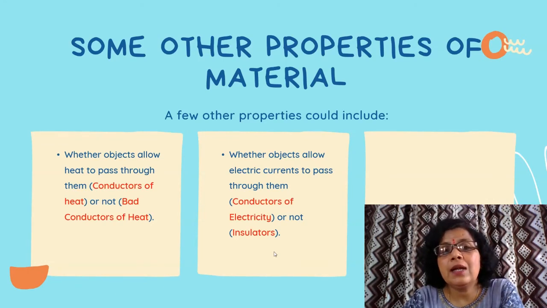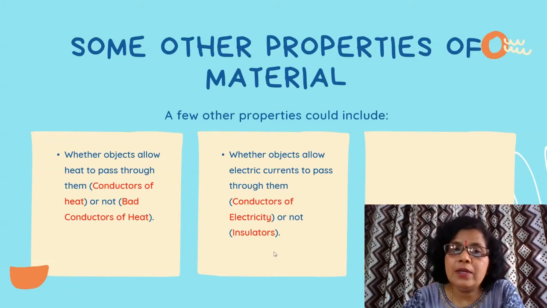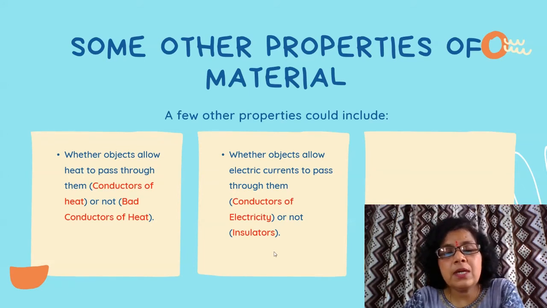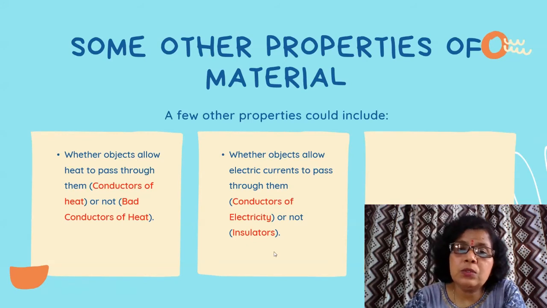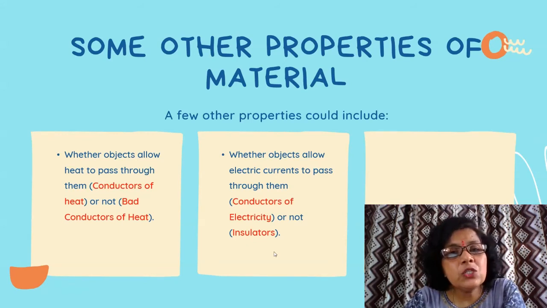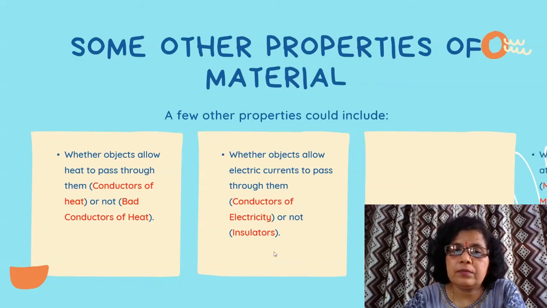That's why it doesn't allow electricity to pass through the body of that electrician, and it avoids electric shock. So the objects that allow electric current to pass through them are called conductors of electricity, and those which don't allow electricity to pass through them are called insulators or bad conductors of electricity.